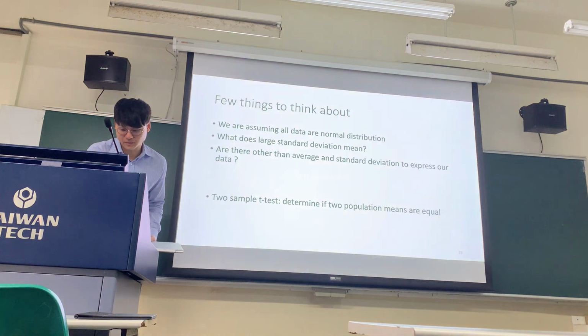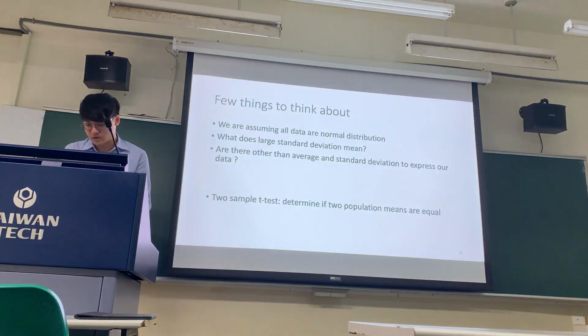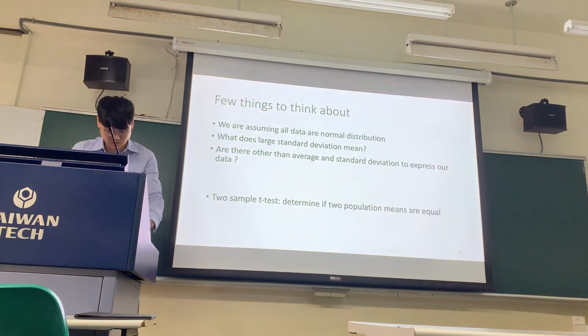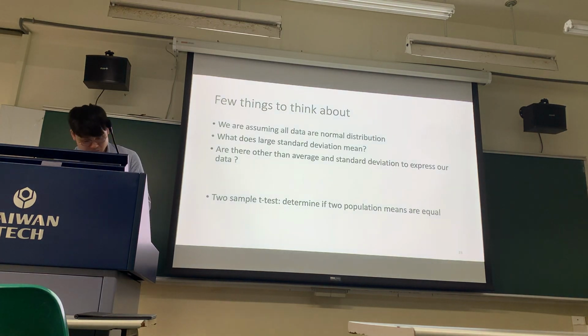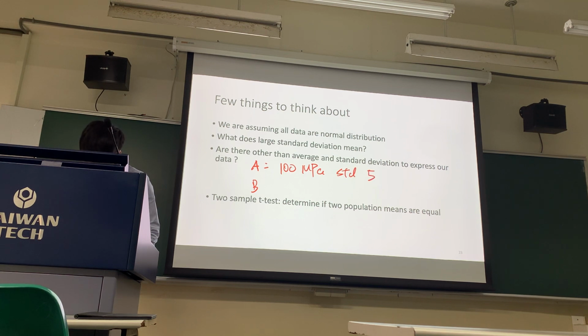So I want to give you a great example. The example is data. A and B: A is 100 MPa, and the standard deviation is 5. And B is 105 MPa, and the standard deviation is 4.8.